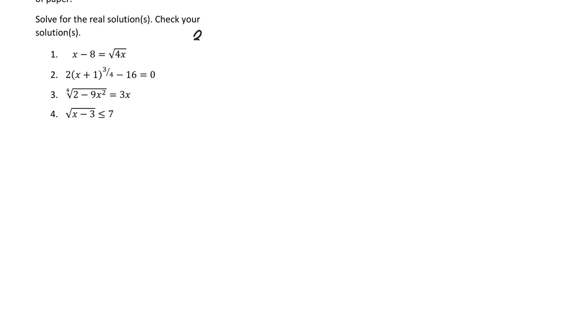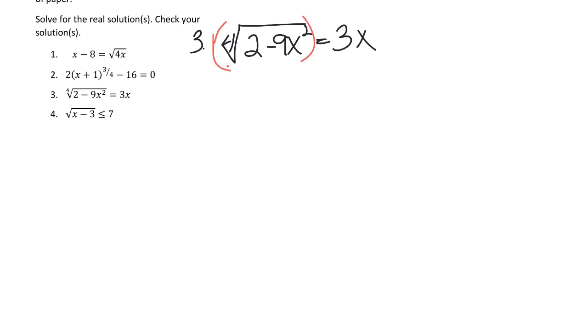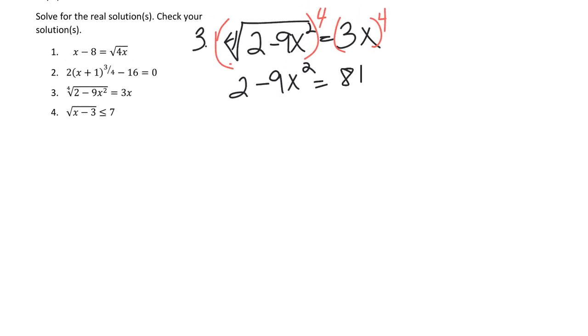Number 3, the 4th root of 2 minus 9x squared equals 3x. So to get rid of that 4th root, we're going to raise both sides to the 4th power. We get 2 minus 9x squared equals 3 to the 4th power is 81x to the 4th.